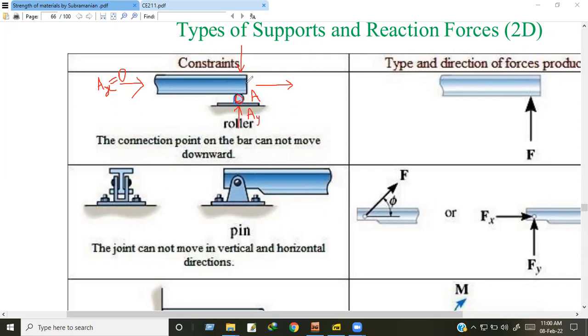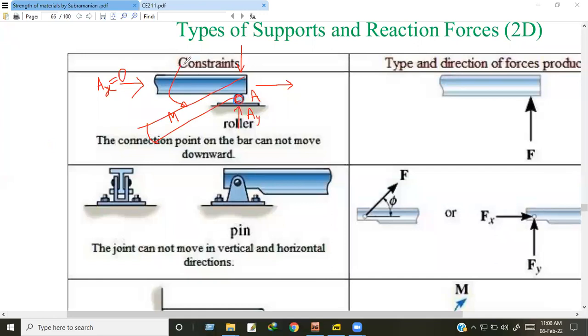If I also apply a moment M in this direction, it will rotate like this. So it cannot carry moment.